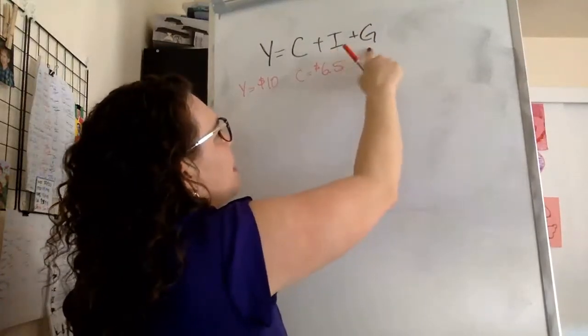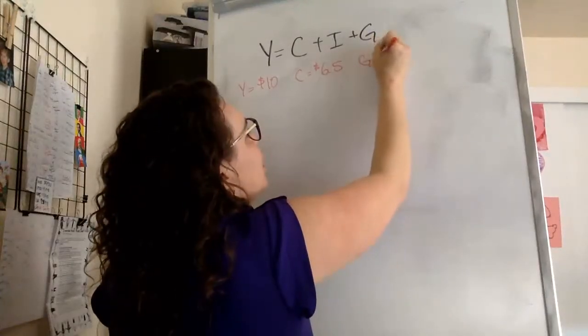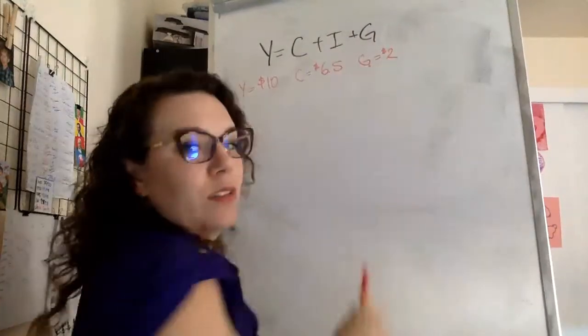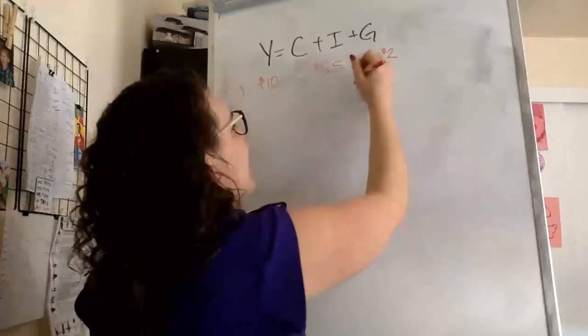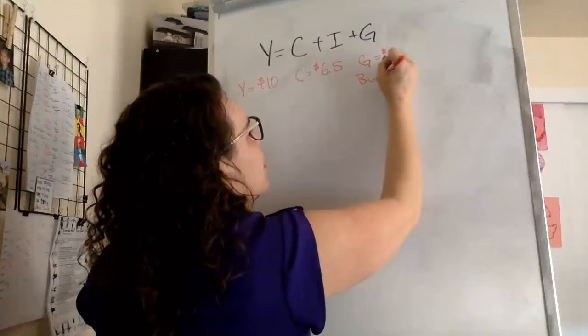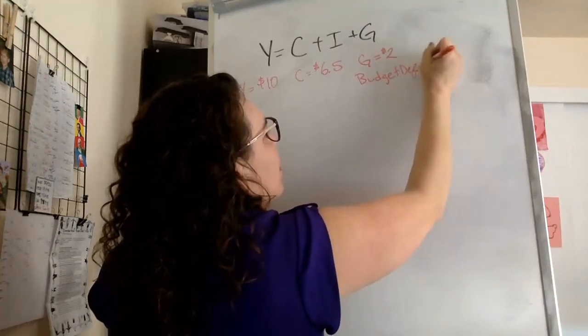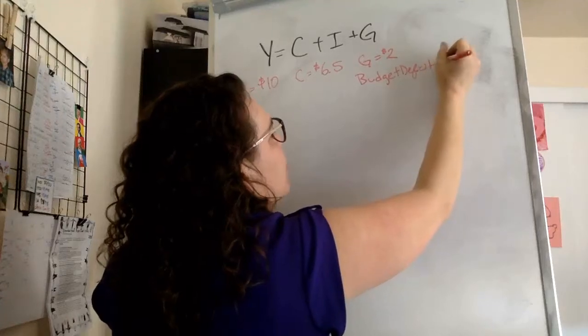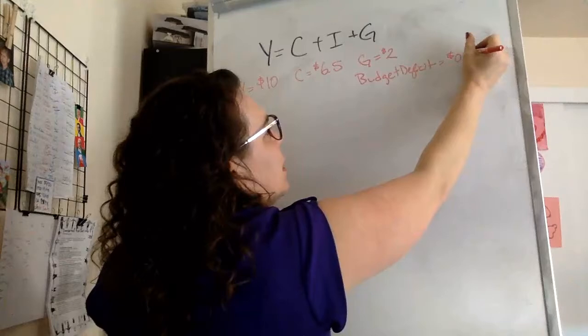And then government expenditure is equal to $2 trillion. The last piece of information we have is that the government has a budget deficit of $300 billion, which is going to be 0.3 trillion.